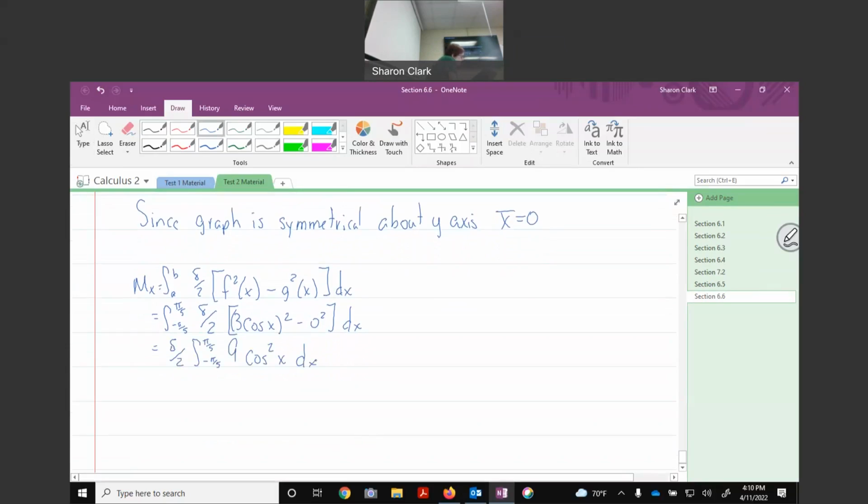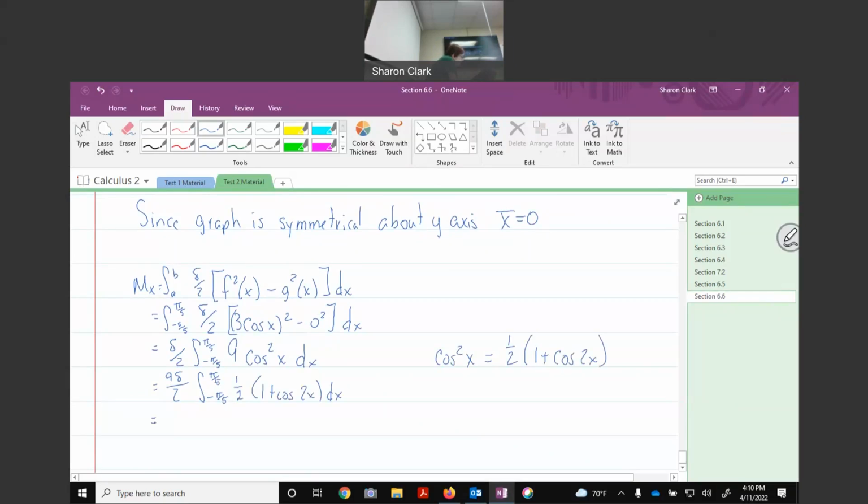So this is 9 delta over 2 times the integral from negative pi over 5 to pi over 5. Now remember that cosine squared x can be written as 1/2 times 1 plus cosine 2x. So that's going to be 1/2 times 1 plus cosine 2x dx.